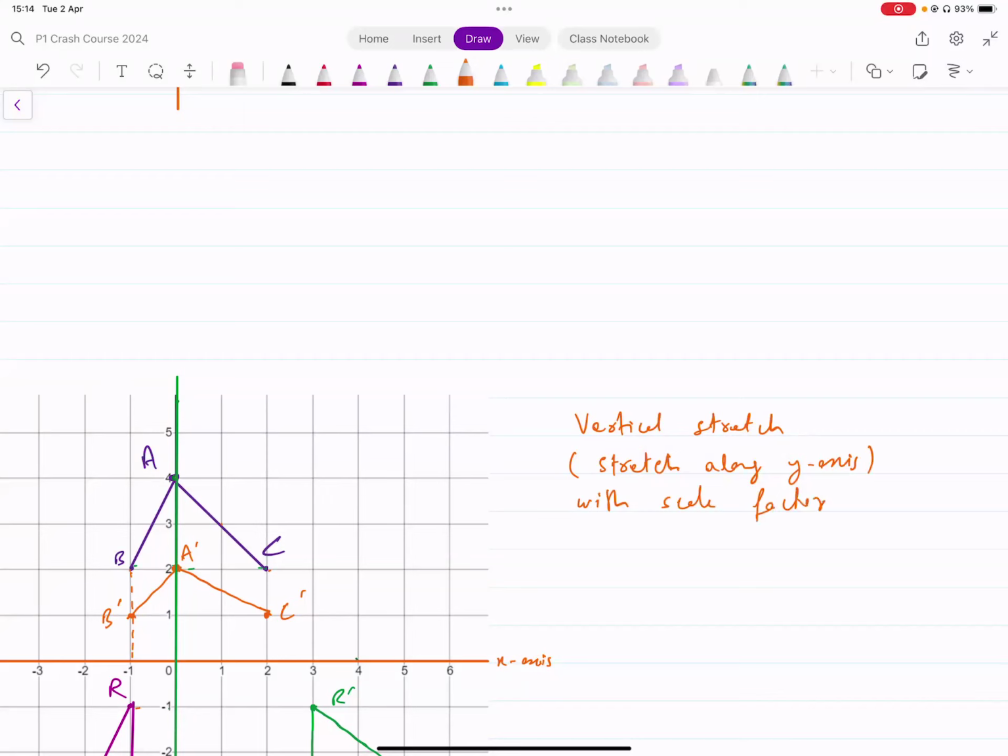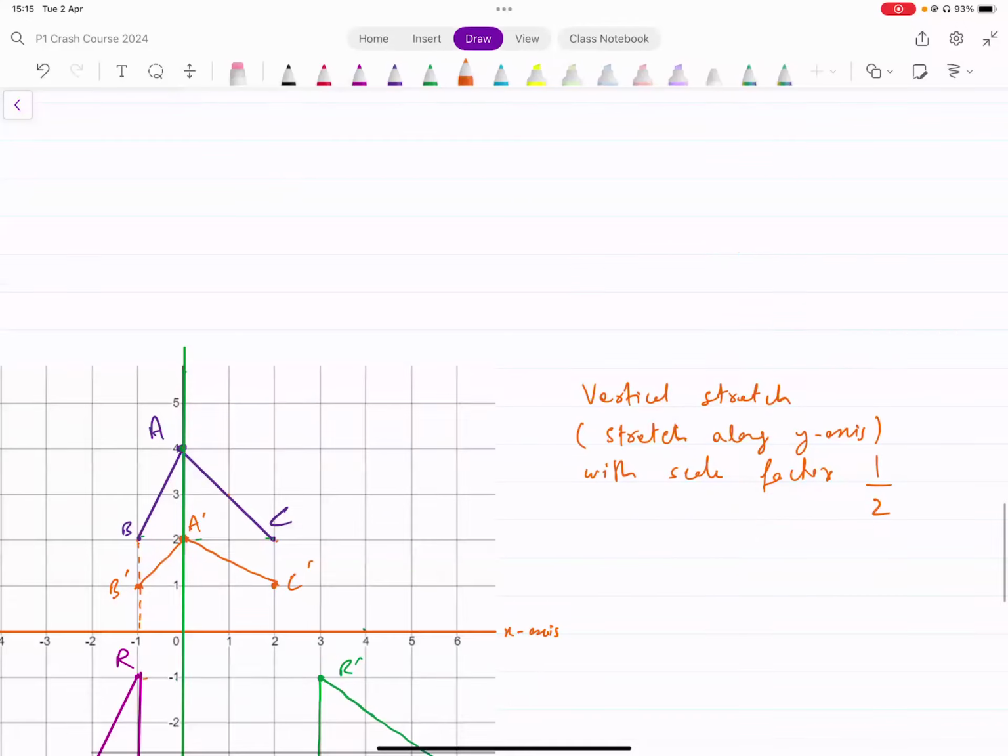The distance of this point C, for instance, was 2 units initially. After transformation, it becomes 1 unit. So distance is becoming half of what it was before. So the scale factor, therefore, is 1/2. All right, that's the scale factor. That's how you would describe this transformation.